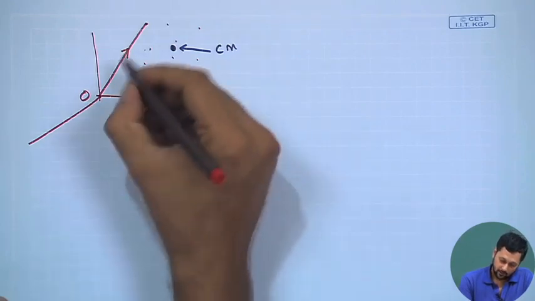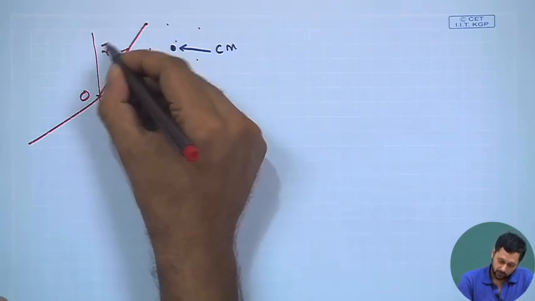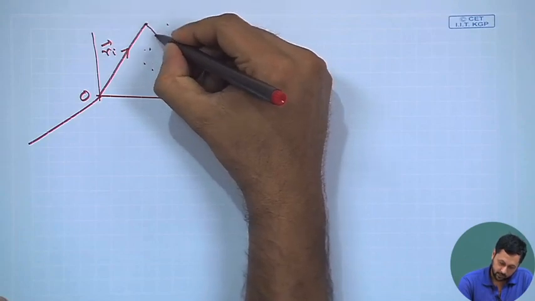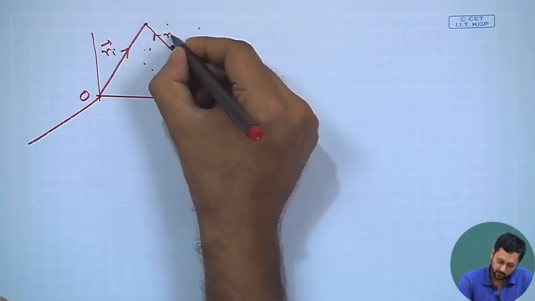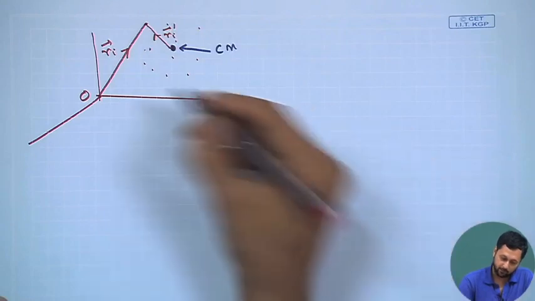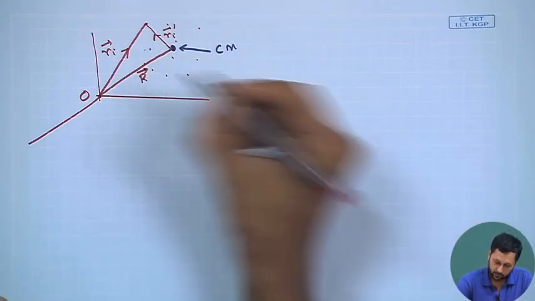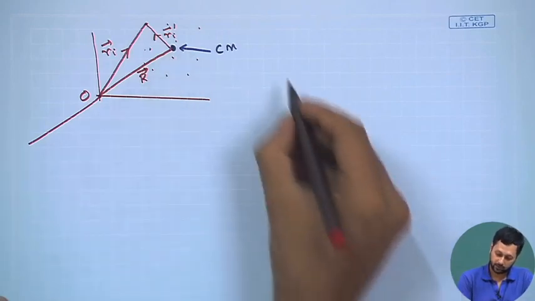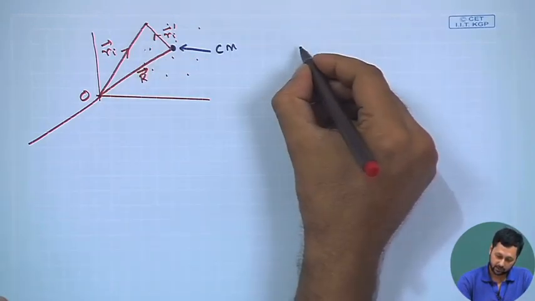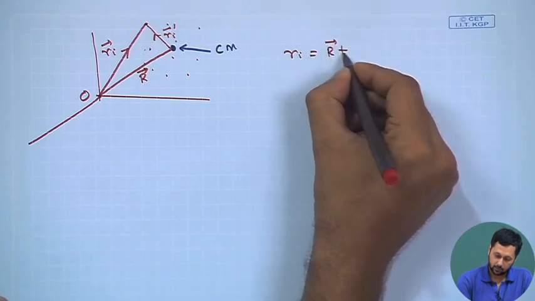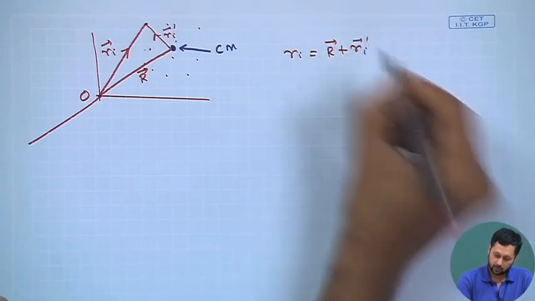So, the position vector is r_i, and with respect to the center of mass, the position vector is, let us say, r_i prime, and capital R is the center of mass's coordinate. So, we can write r_i is equal to R plus r_i dashed.